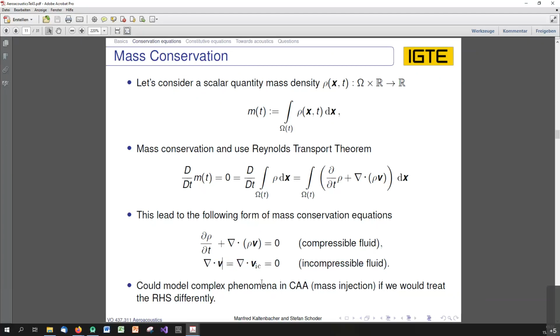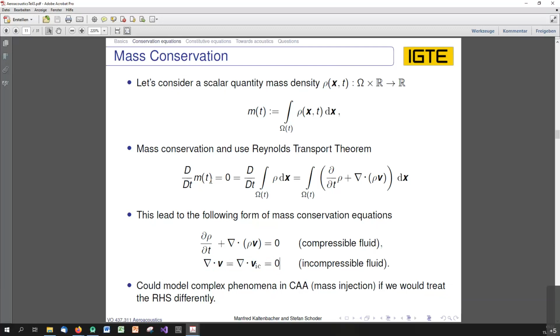Good. Keep in mind this equation. It's also quite important in the further discussion. And as we already pointed out, for mass conservation, here we assume that we have no mass injection.